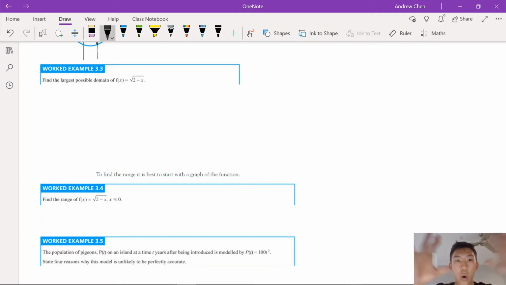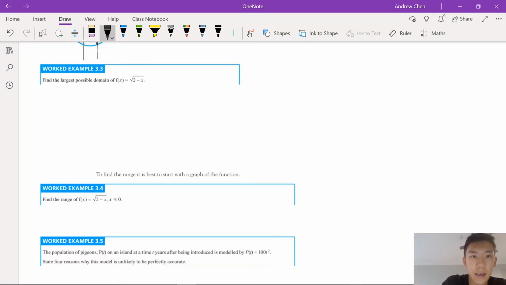So for all the values of x that work. For each function, it might be different. In this function, we have the square root of 2 minus x. Now that square root gives a lot away. We know that we won't be able to square root a negative number to get a real solution, and we only care about real numbers right now.